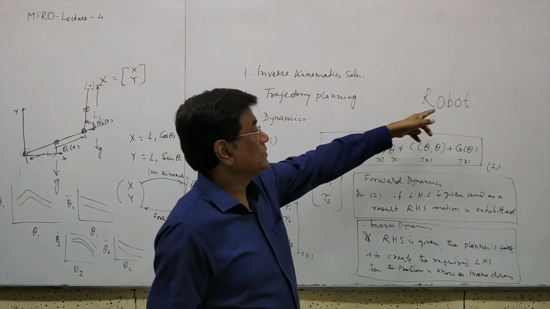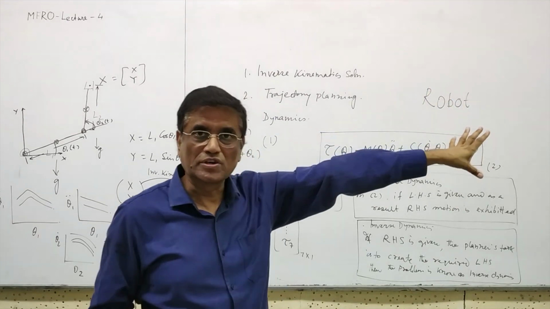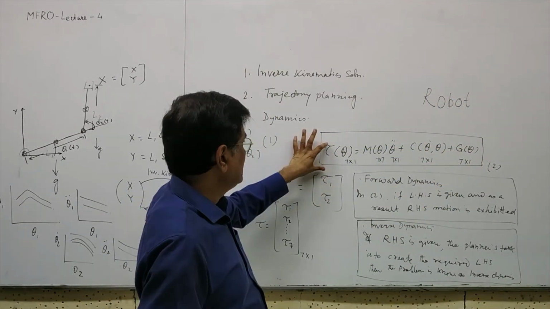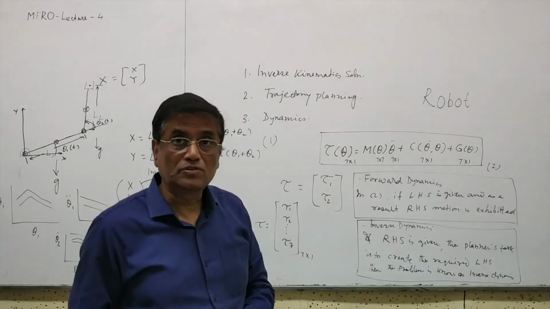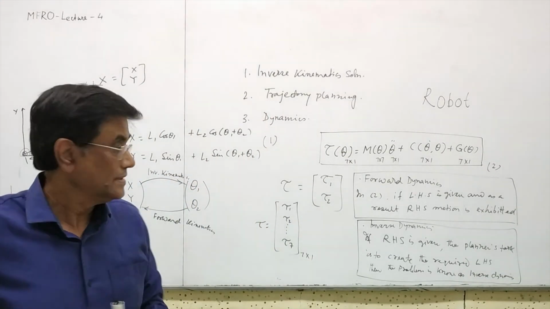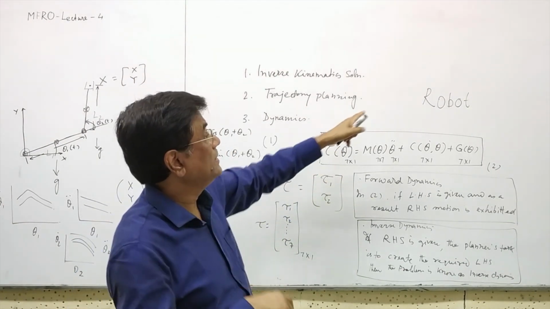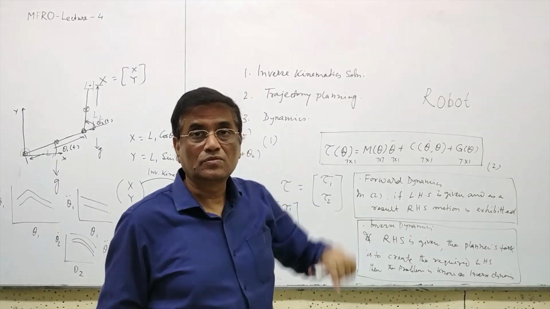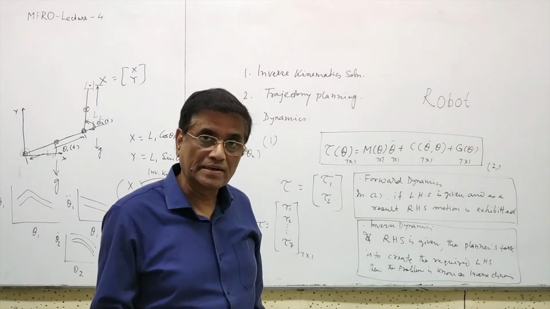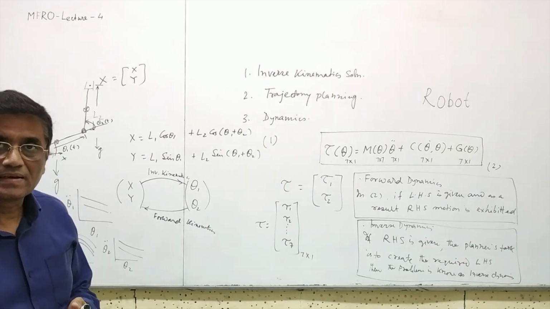To follow this trajectory I will have to define the motion, then calculate the torque, and then control the motion as per those calculated torques, and only then can the robot follow the desired trajectory. Okay, so inverse dynamics is very important, practical, right?